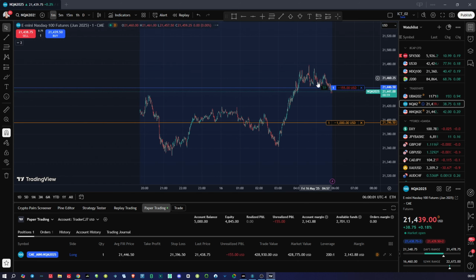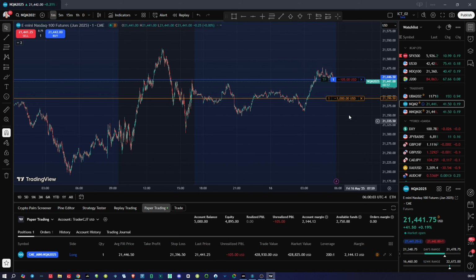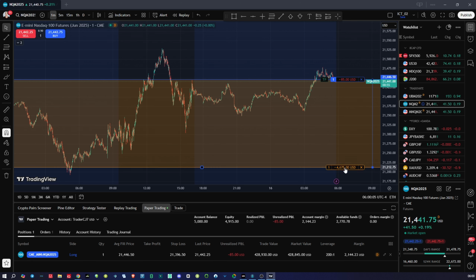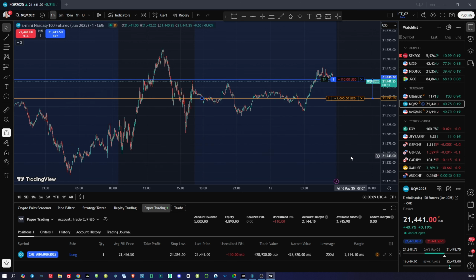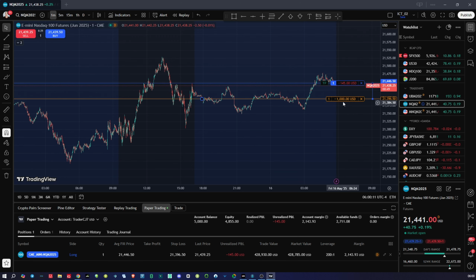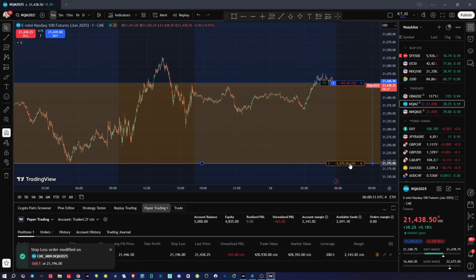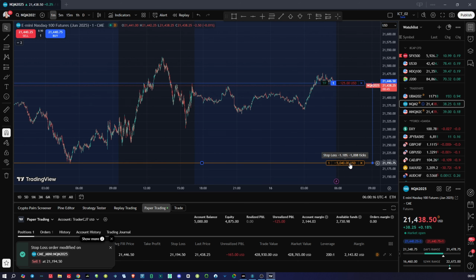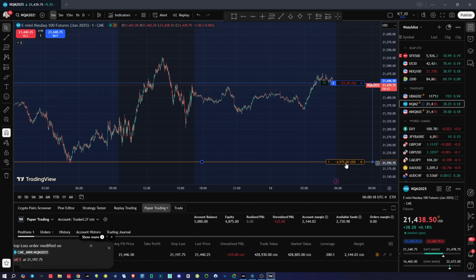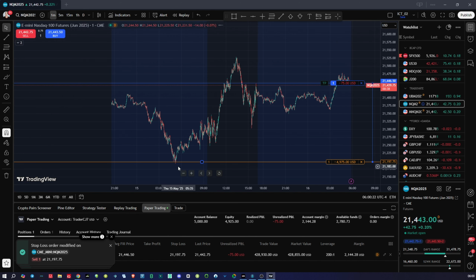My account would be wiped if it goes here. $5,000. Sorry. That's my stop loss. At this point, we're going to lose everything.